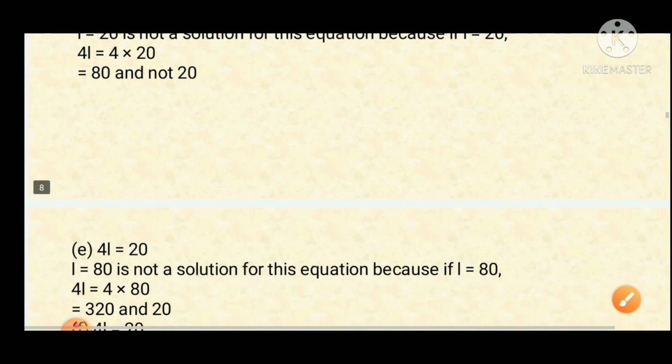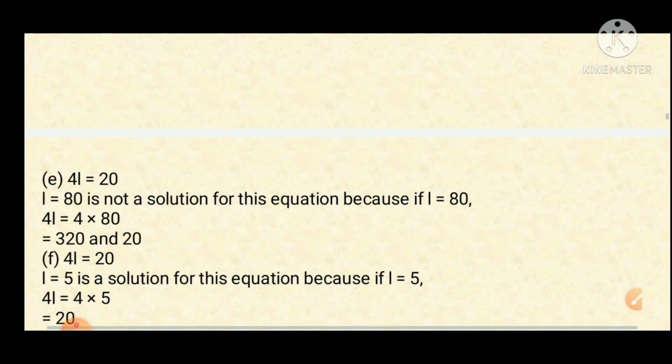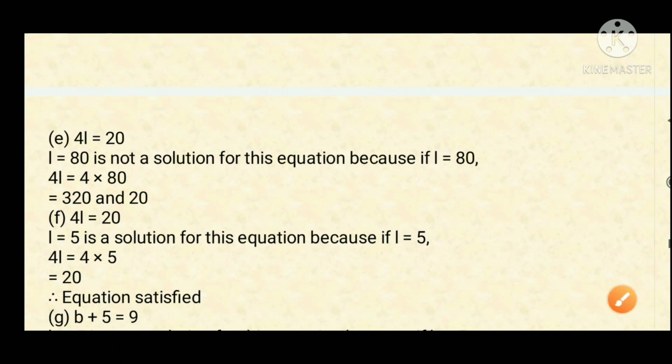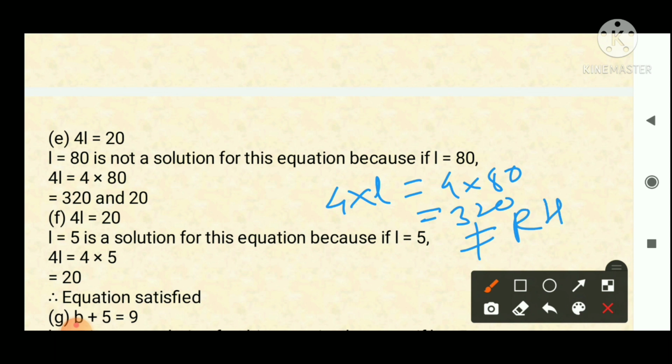Now for the equation 4L is equal to 20, we take the value of L is equal to 80. Now 4 multiplied by L, so 4 multiplied by 80, we get 320. But the right hand side of this equation is 20, which is not equal to the right hand side. So L is equal to 80 is not a solution for this equation, because the equation is not satisfied for the value of L is equal to 80.